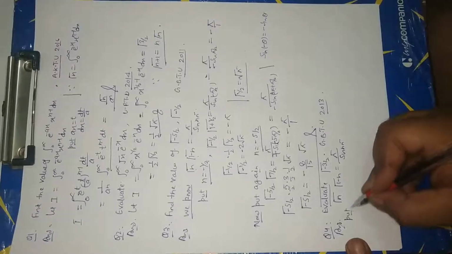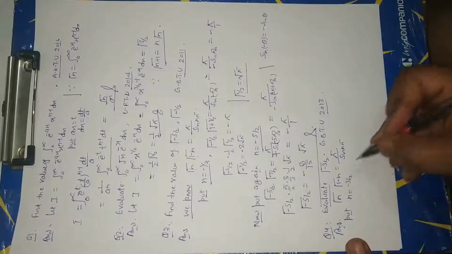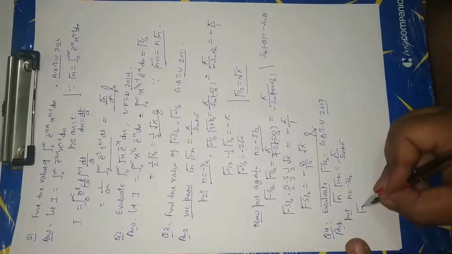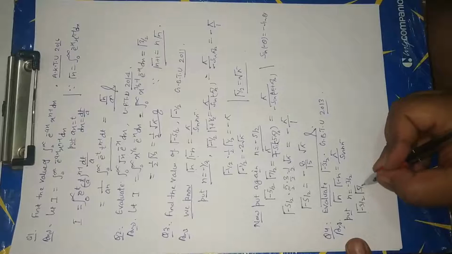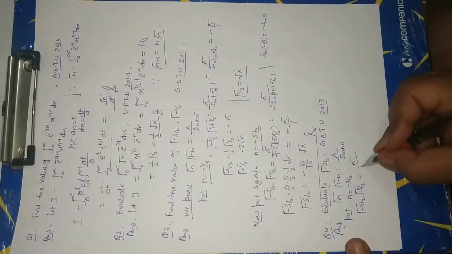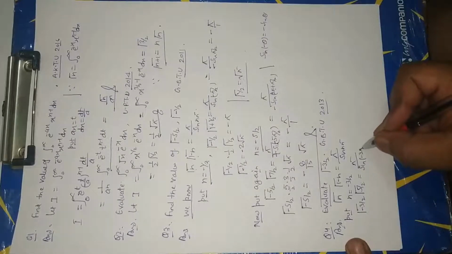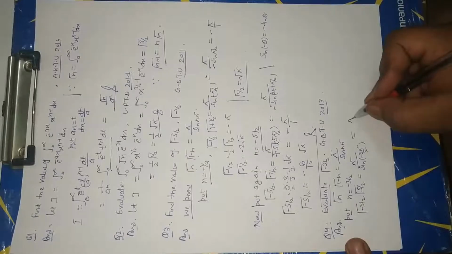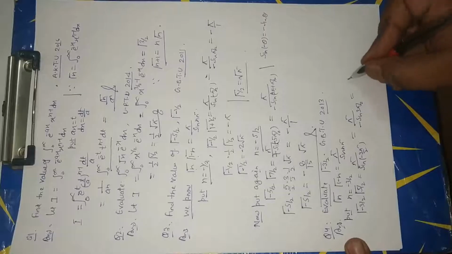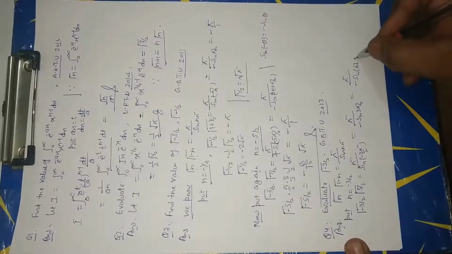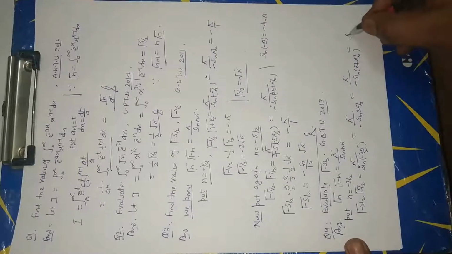Put n equal to minus 3 by 2. Gamma minus 3 by 2 times gamma 5 by 2 is equal to pi upon sin of minus 3 pi by 2. This is equal to pi upon minus sin of 3 pi by 2, which is pi upon plus sin pi by 2.